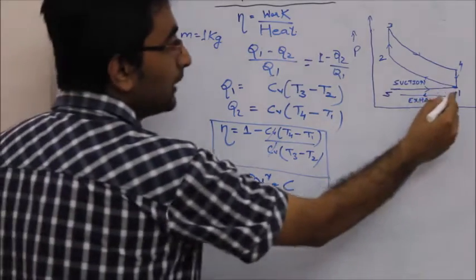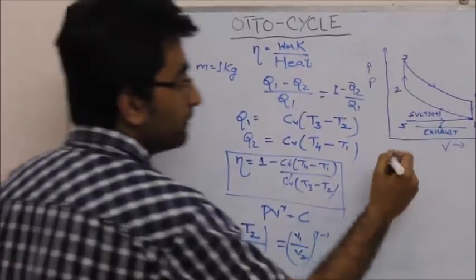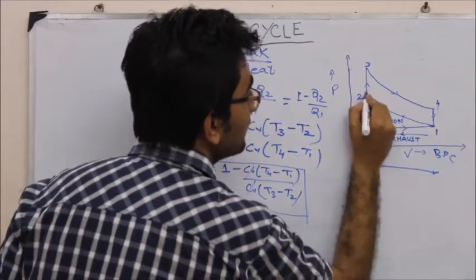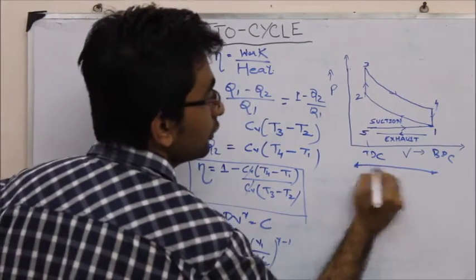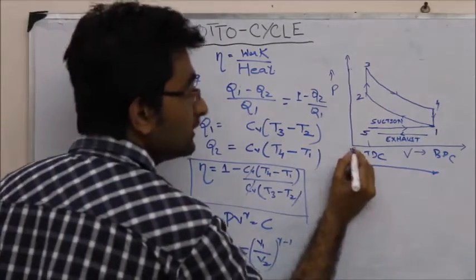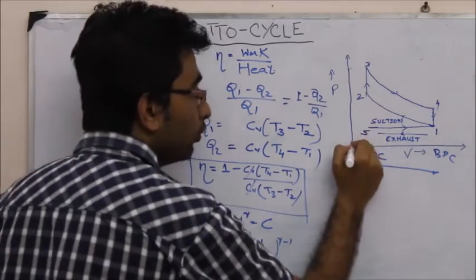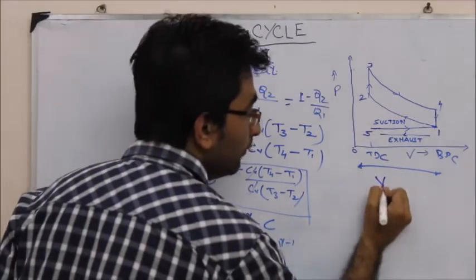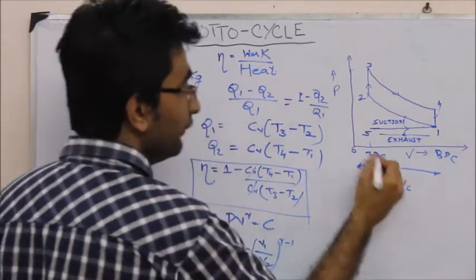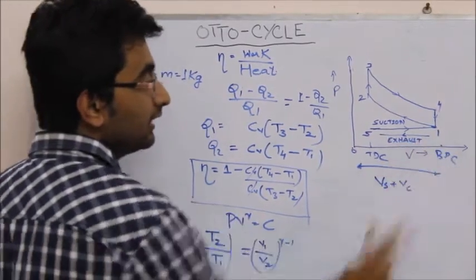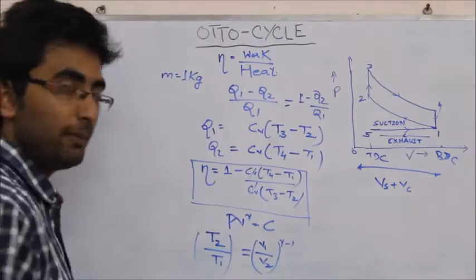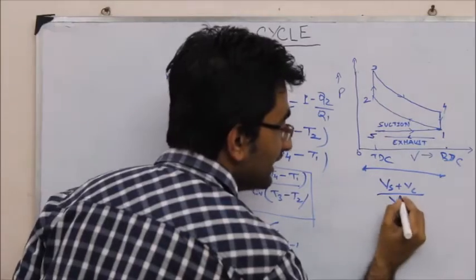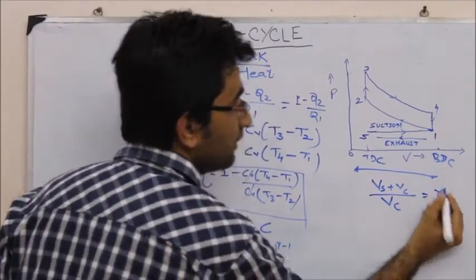Now V1 by V2. V1 is the total volume of the cylinder. This is BDC, this is TDC, and this is the total volume. Total volume from the origin till 1, and from the origin till 2 we have the clearance volume. So total volume is Vs plus Vc. Vs is the distance from TDC to BDC, the swept volume by the piston. Vs plus Vc, the total volume, divided by clearance volume Vc is equal to compression ratio.